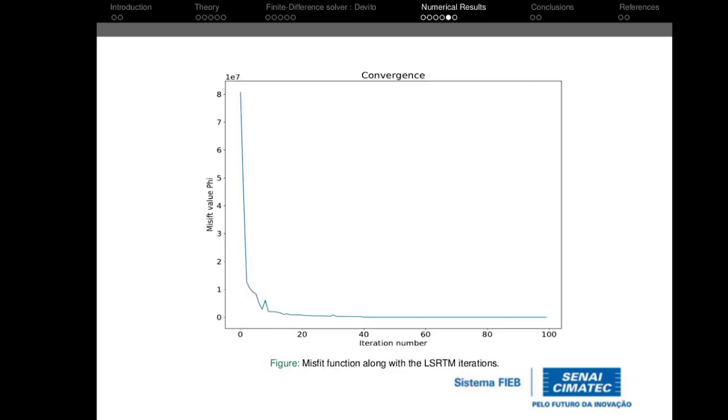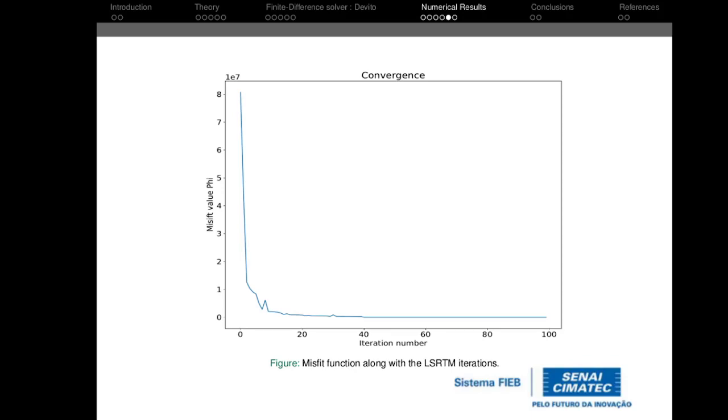This is the misfit function, which shows that along the iterations it should decrease. Why? Because the generated shot is close to the real one, so you expect it to decrease along the iterations, which means that it is working properly.